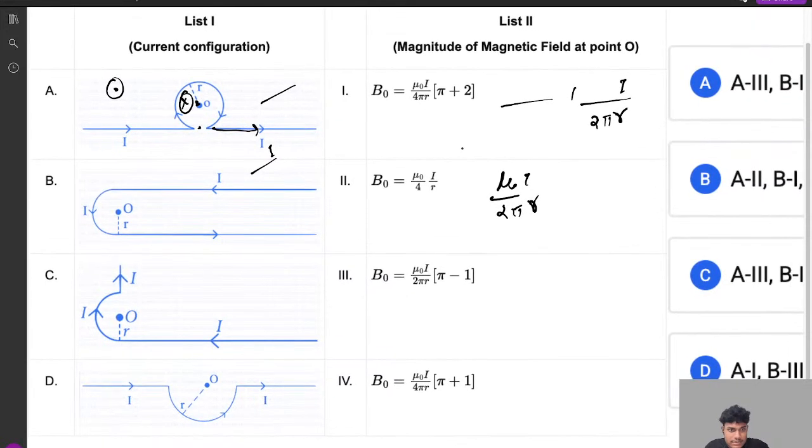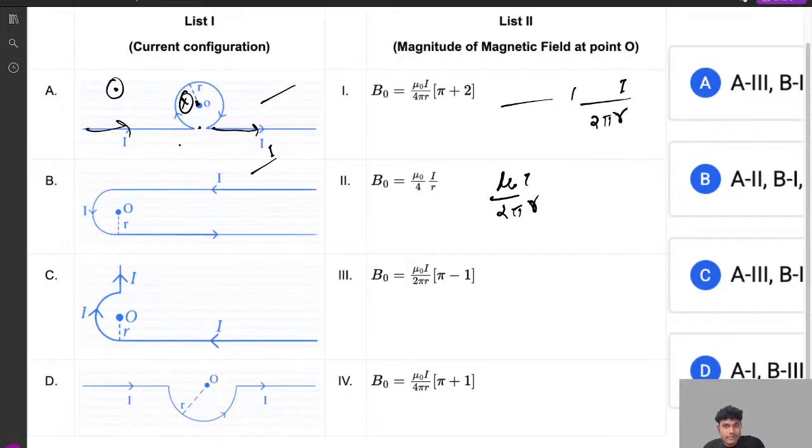Due to this it is mu naught I by 2 pi r, and due to this it is also mu naught I upon 2 pi r. So the equation is mu naught I upon 2 pi r. I think there is an error in this question.